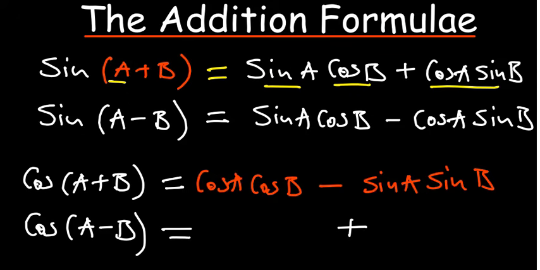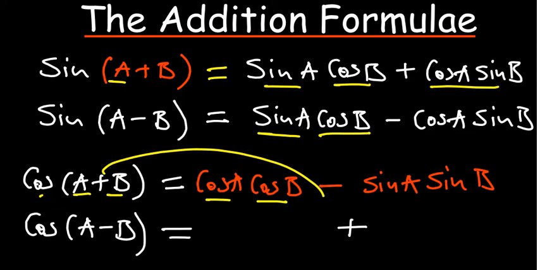The same applies for subtraction: sine will get A, and then cosine will get B, and then subtract and again exchange. Now for cosine, cosine is selfish. It will apply itself to both A and B, cos A, cos B, and then minus. That's when sine will also now get a chance to do both A and B. And for cosine, the sign in between gets to change. So these are the addition formulas that apply to sine and cosine.